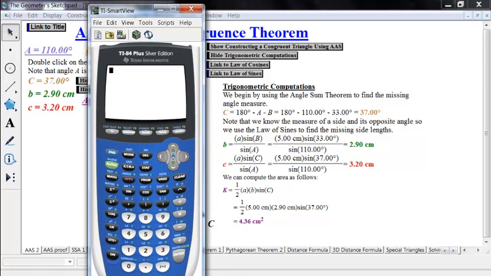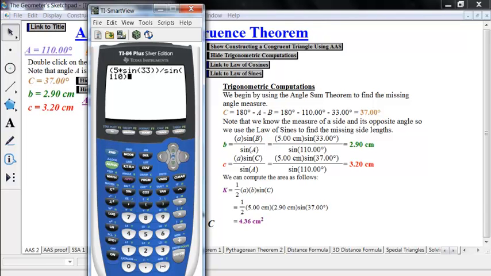Okay, so let's get in the habit of putting in parentheses around the numerator. 5 times the sine of 33. Let's notice that we are in degree mode. Close parentheses around the numerator. Divide by the sine of 110.